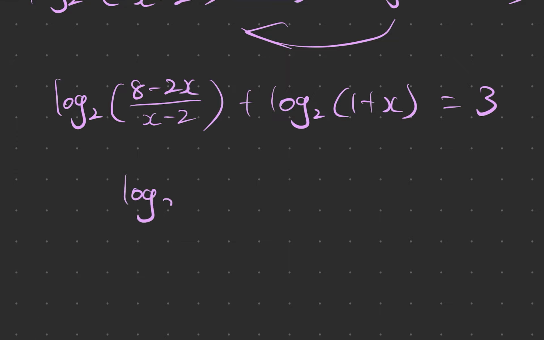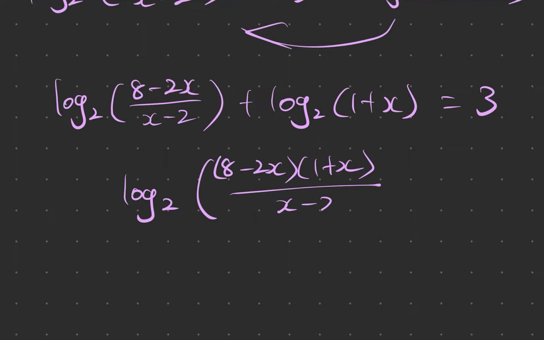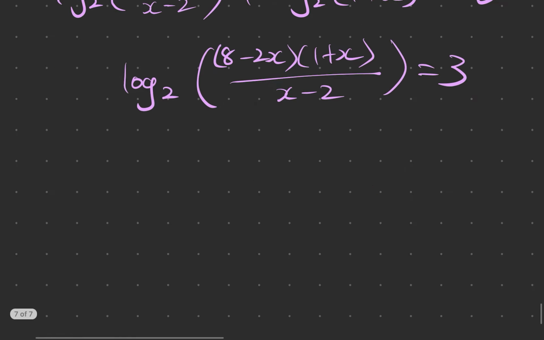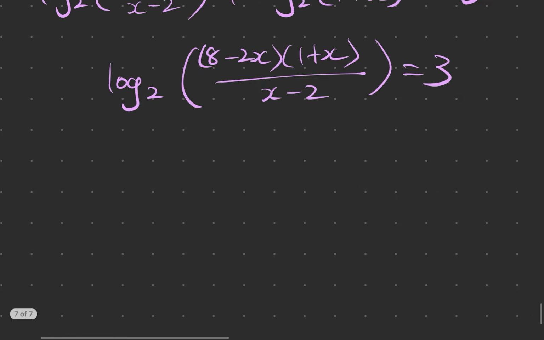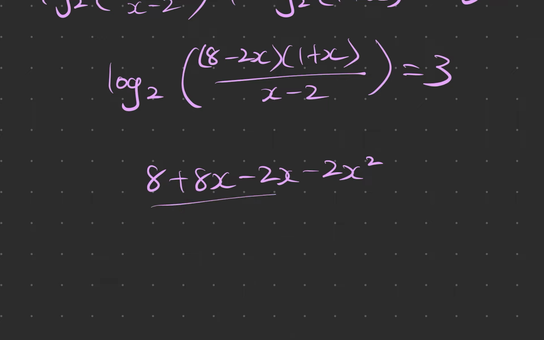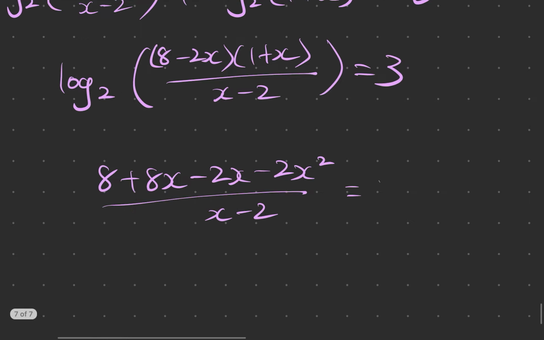So log base 2 of (8 minus 2x) times (1 plus x) over (x minus 2) equals 3. So therefore, if I'm just going to expand this, give me a while. So 8 plus 8x minus 2x minus 2x squared over x minus 2, and since I brought the log over, this equals 2 to the power of 3.